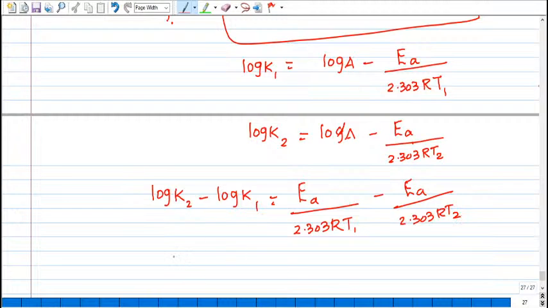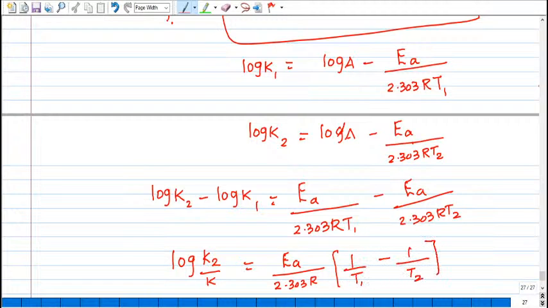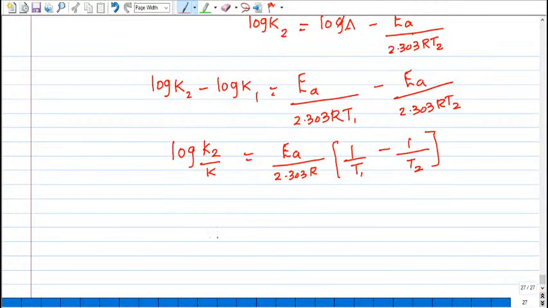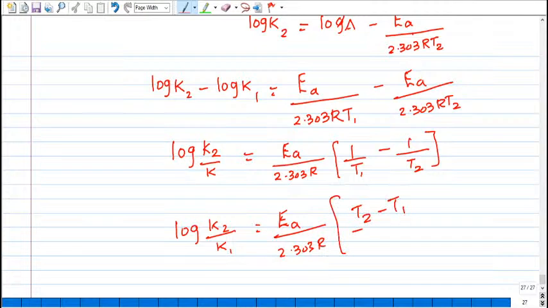Log k2 minus log k1 is in the form of log a by b, so I can write log k2 by k1. I can take common Ea by 2.303 R, which is 1 by T1 minus 1 by T2. So finally, log k2 by k1 is equal to Ea by 2.303 R into T2 minus T1 by T1 into T2.